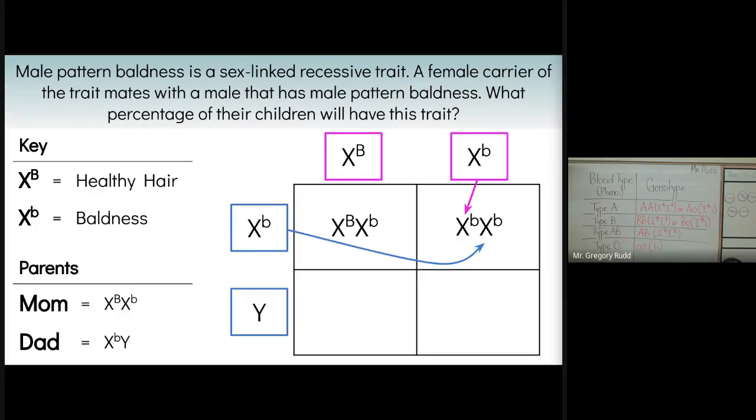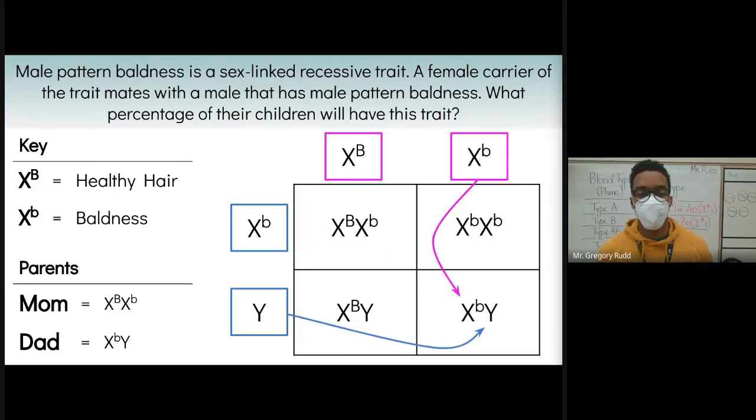X lowercase b drops down. Oh, there you go. Y. Excellent. And then Brian, X lowercase b. Good. All right, so now we've done the Punnett square, but what is that question actually asking us?